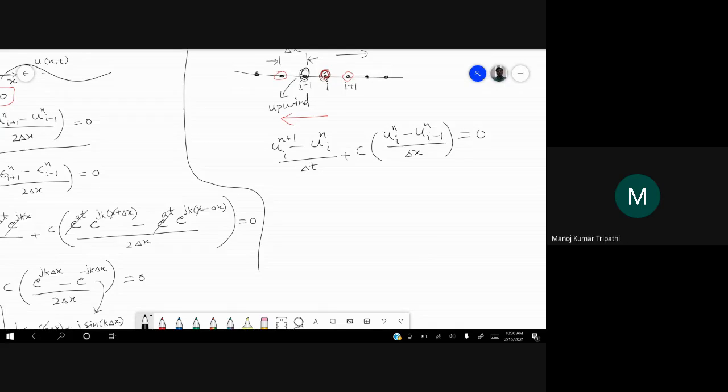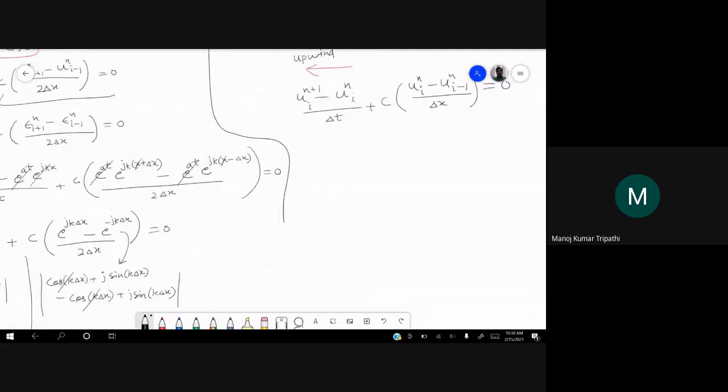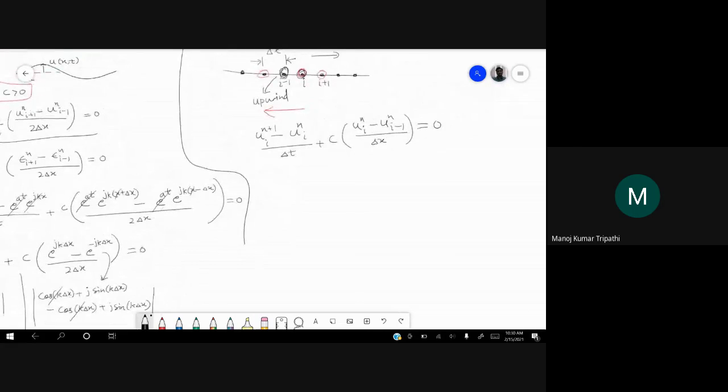If you calculate the stability condition for this equation, you will find some region where it is stable for some conditions. And because this C will appear there, if you set C as negative, you will again find that it is unstable. If C is positive, only then you will find some stable condition for stability.